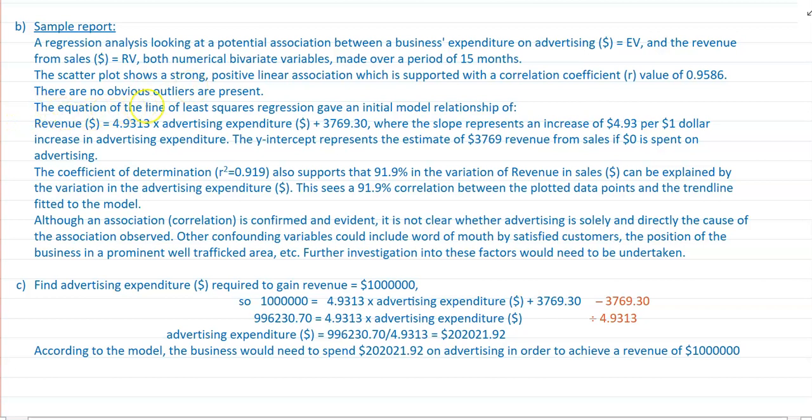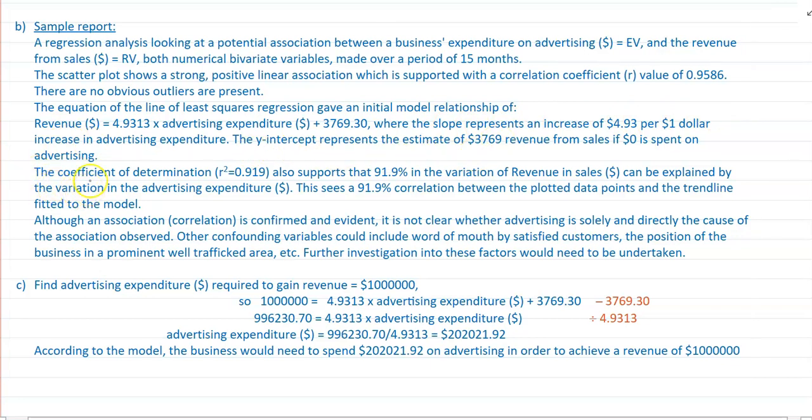The equation of the line of least squares regression gave an initial model relationship of revenue equals 4.9313 times the advertising expenditure plus $3,769.30. And then I've gone on to include that information on what the slope and y-intercept represent.